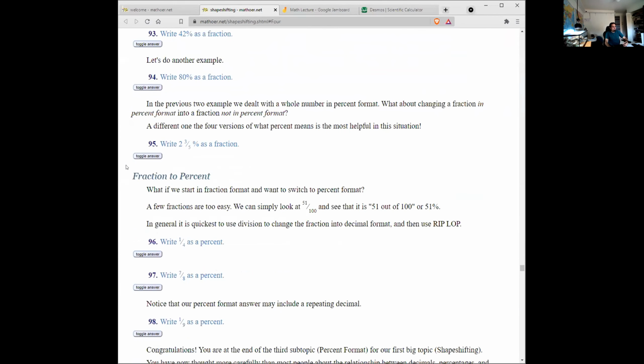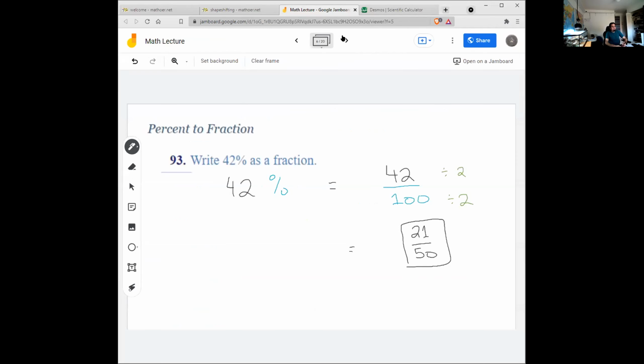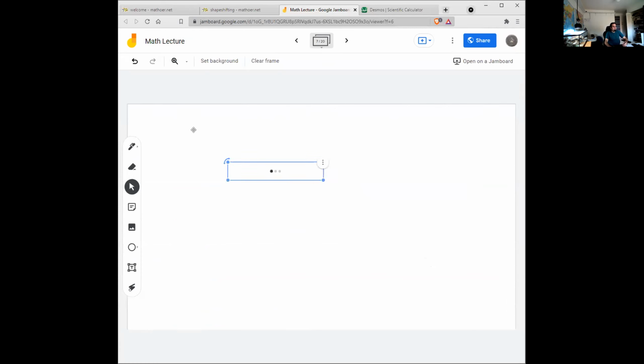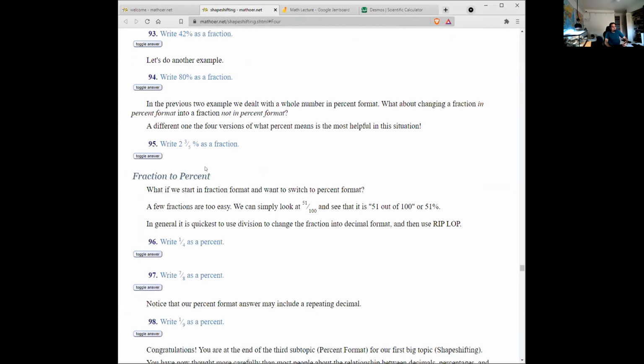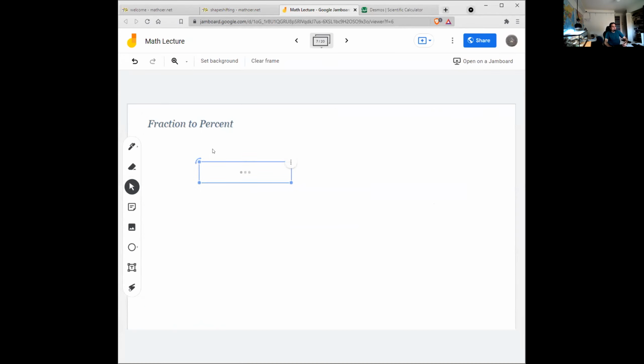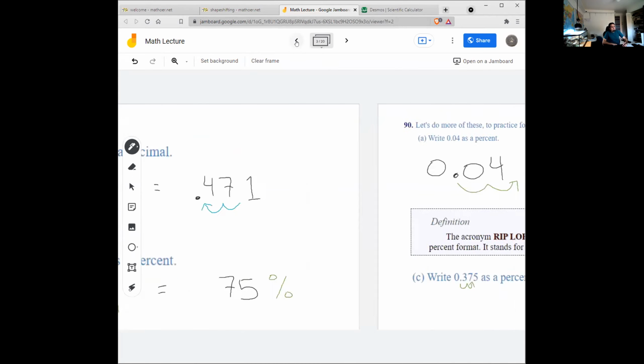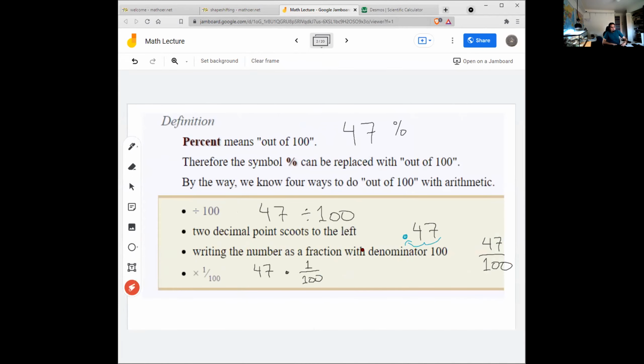Fractions back to percent. Okay, new slide. If I have 7/8, I could try and do something with the fractiony ones, but it's going to be a lot of work.